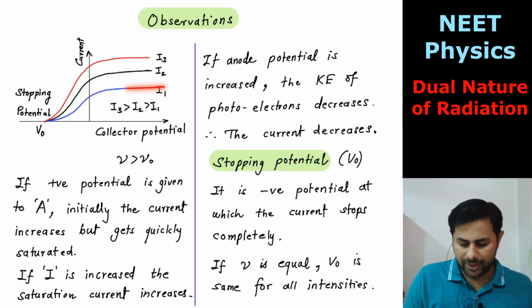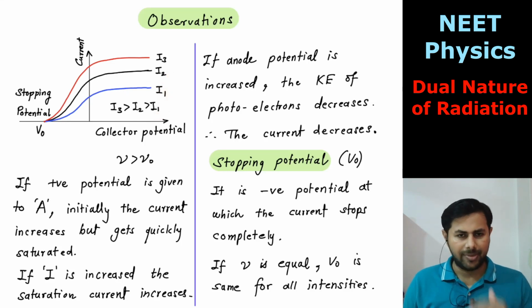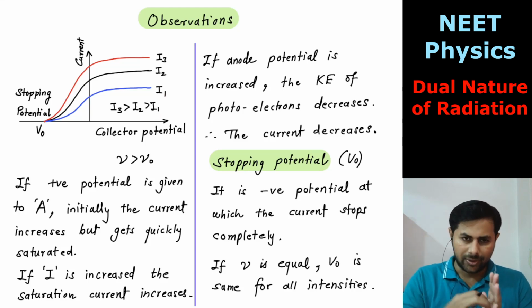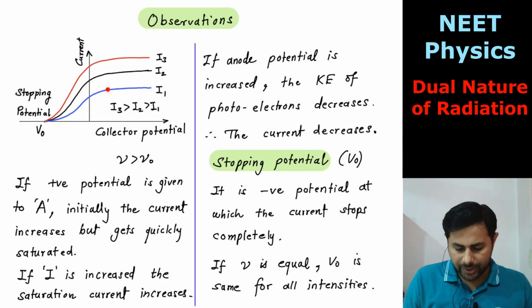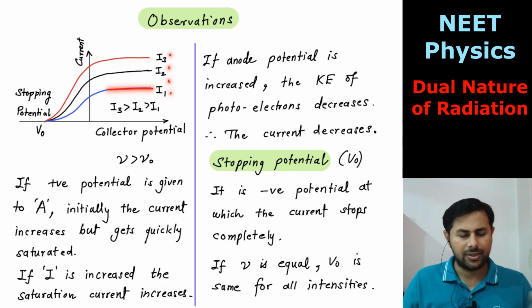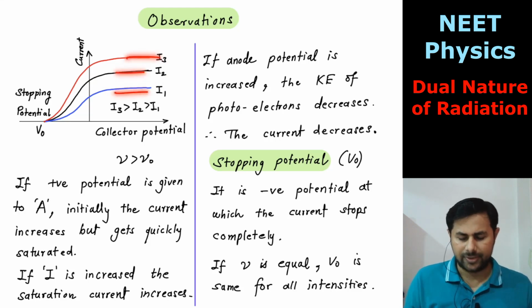The intensity, see, if you change the intensity and keep the frequency the same, that means you are not changing the energy per photon. Energy of all photons is the same, so all electrons are gaining the same amount of energy. Now if you increase the intensity, more photons will strike the electrons, so more electrons will come out, so current will increase, right?